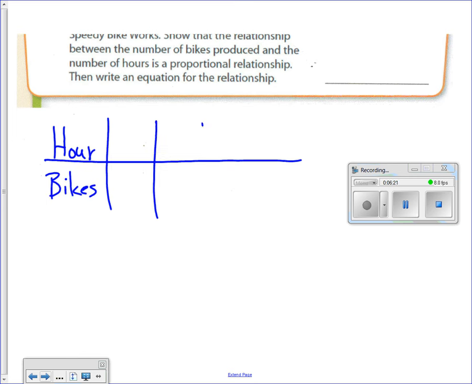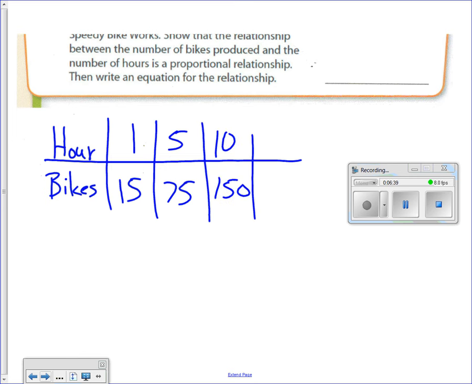It says in 1 hour you can make 15 bikes. Let's make it a little bit bigger number. Let's go 5 hours, 75. 10 hours, 150. 15 hours is 225.